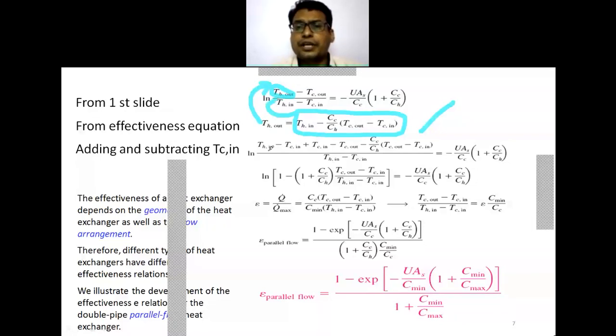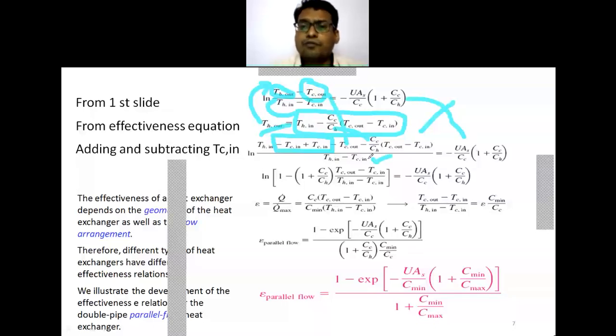So it will be Th in, and adding and subtracting this Tc in value for simplification purposes. The rest of the thing is the same equation here. Th in, then this equation, and Tc out, that is directly coming from here. The rest of the equation is the same, the right hand side and the denominator are the same.